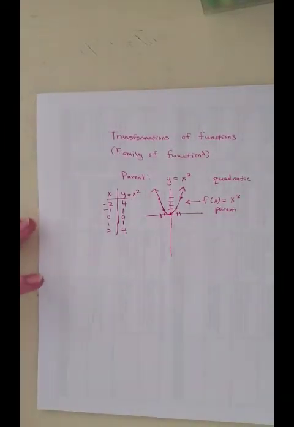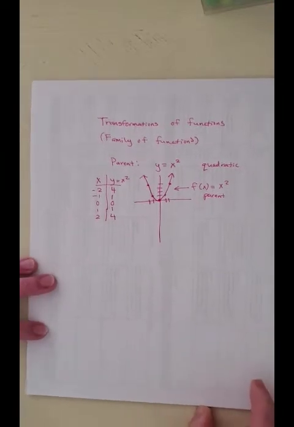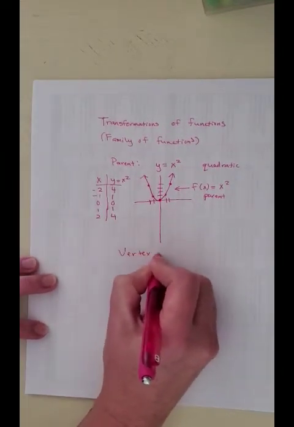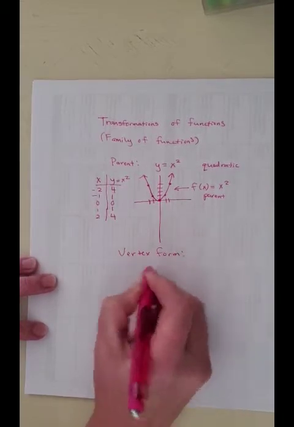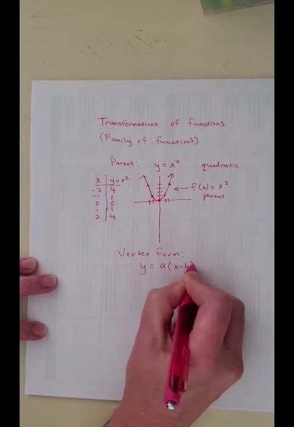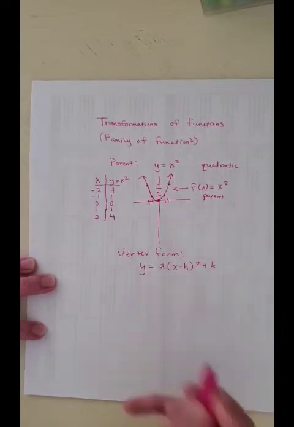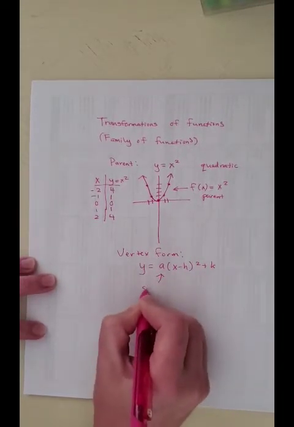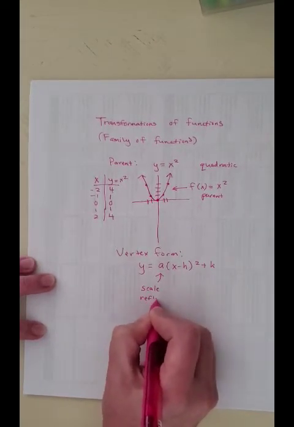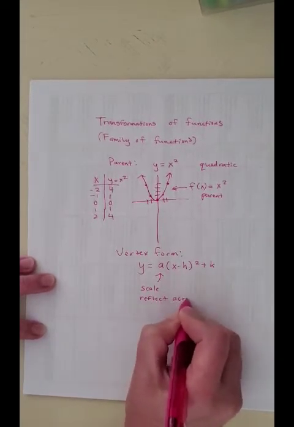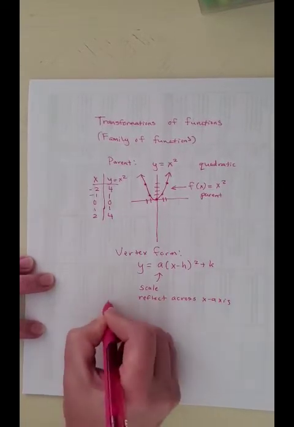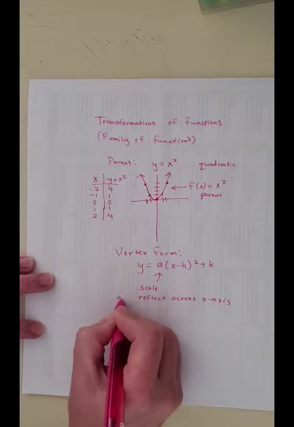Then we saw that there were certain features of an equation in vertex form, and remember vertex form for a quadratic was y equals a times (x minus h) squared plus k. Our a value would scale, and it would also reflect across the x-axis if a was negative.